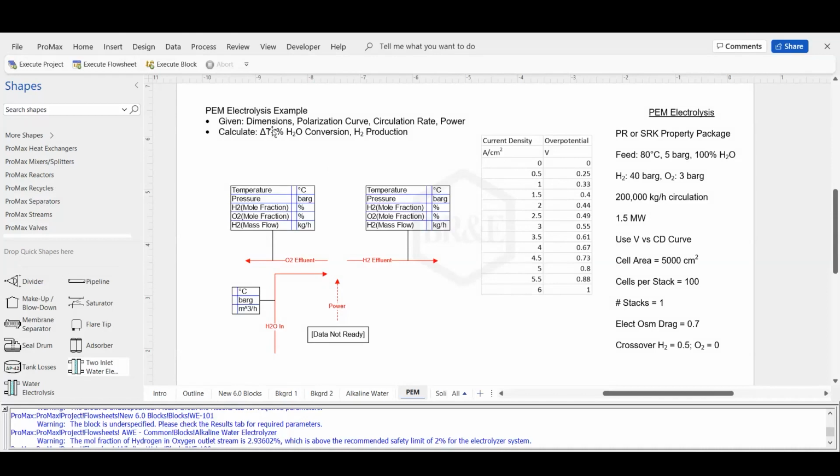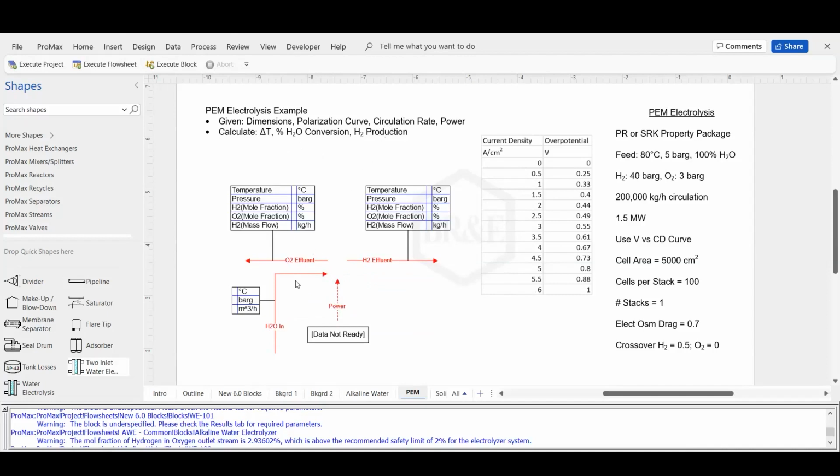We're going to give all the dimensions, the cell area, the number of cells per stack, the number of stacks, and we're going to supply this polarization curve information. We're also going to supply the circulation rate and the electrical power, and from that, we're going to calculate the temperature rise, the water conversion percent, and the hydrogen production.